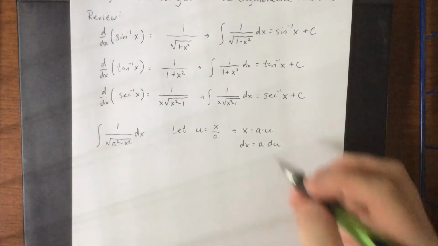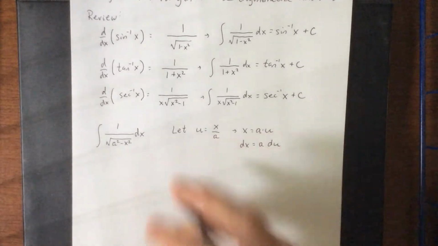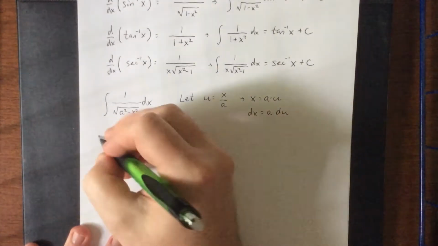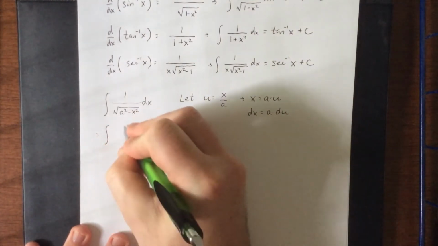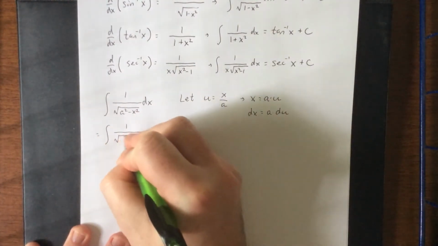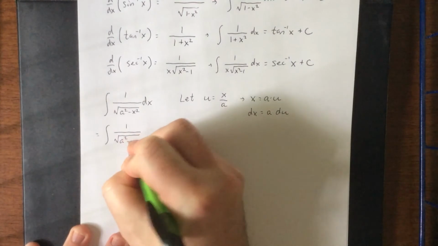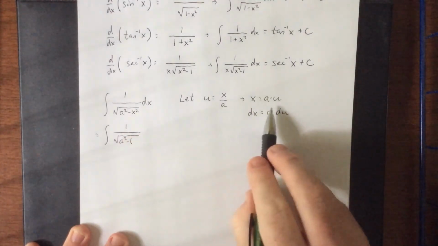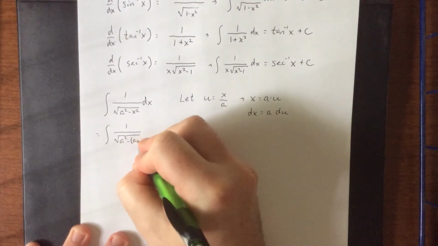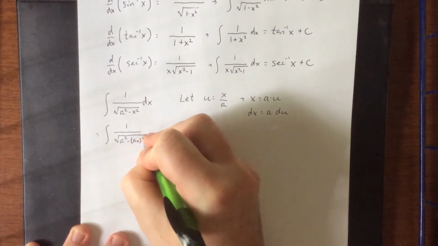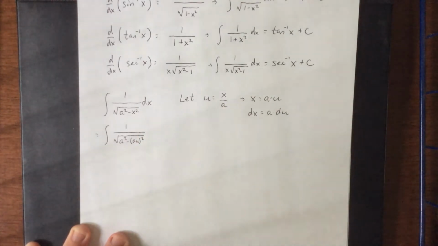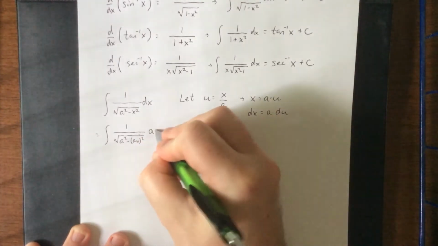Now, what I'd like to do is actually perform these substitutions into our integral. So this will be 1 over the square root of a squared minus, and then instead of x, we're going to call that au, because this substitution is gold. Then dx would be a times du.